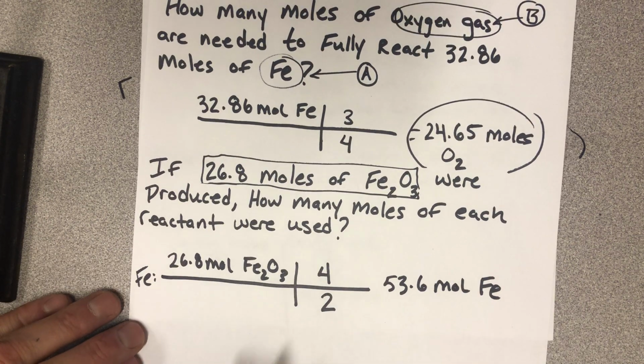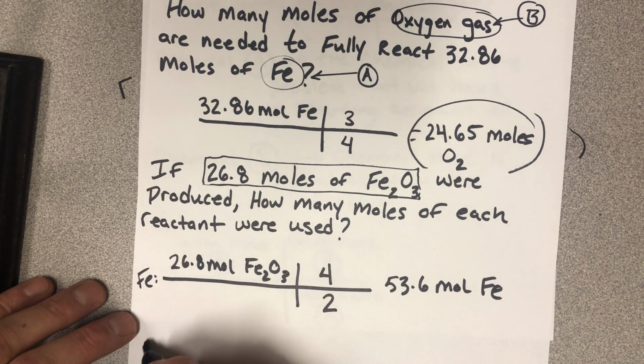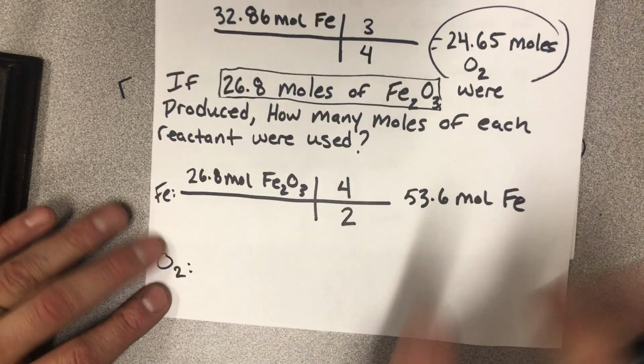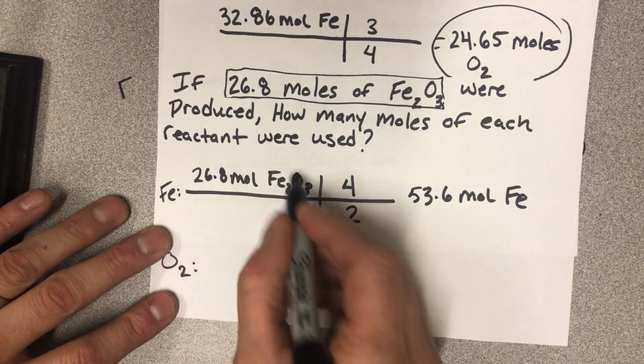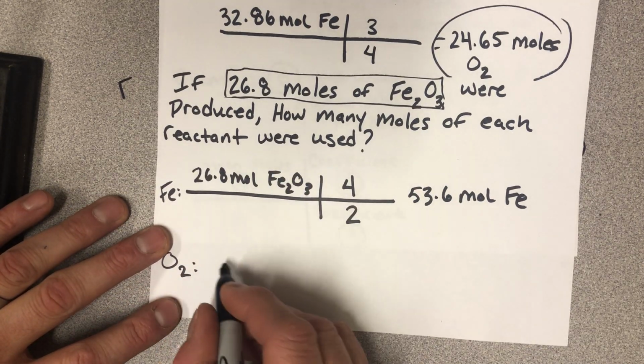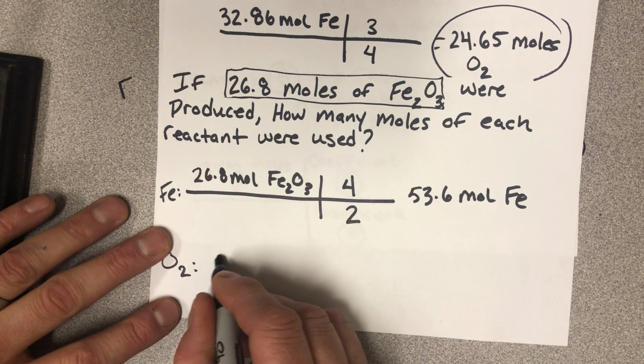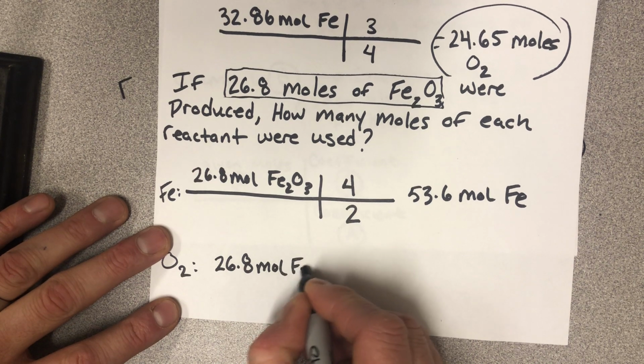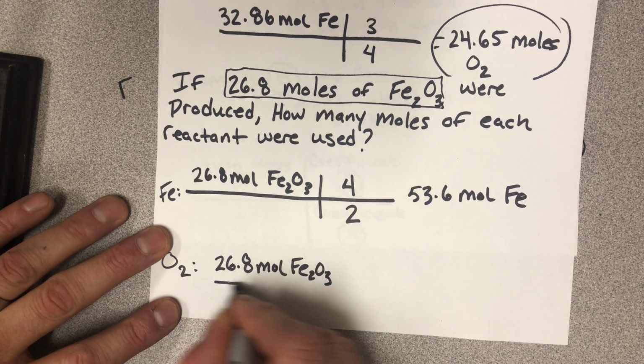And now we can look at oxygen as well. So here's our O2 problem down here. We're going to start with our same chemical A with the amount here, and that is 26.8 moles of Fe2O3.